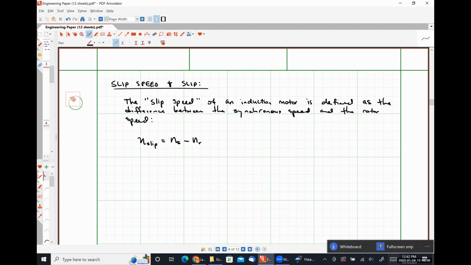Sorry, this should be NM. Okay. So this is what our slip speed is. Pretty straightforward. It's just the difference in speeds between our rotor and our stator field.